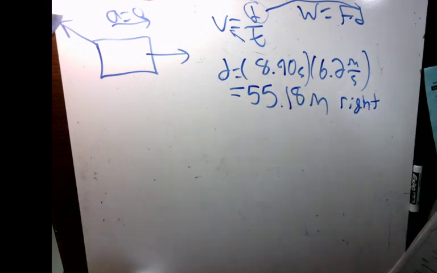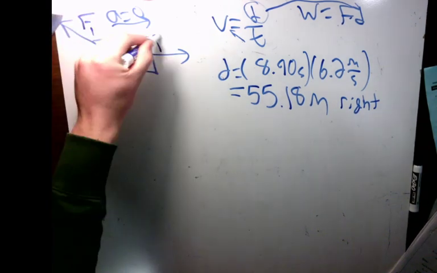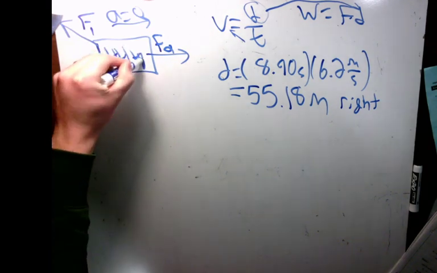Not that our direction matters because we're looking for work, and work is scalar. So we're looking for the work done by F1 first, F2 second on this 44 kilogram box.